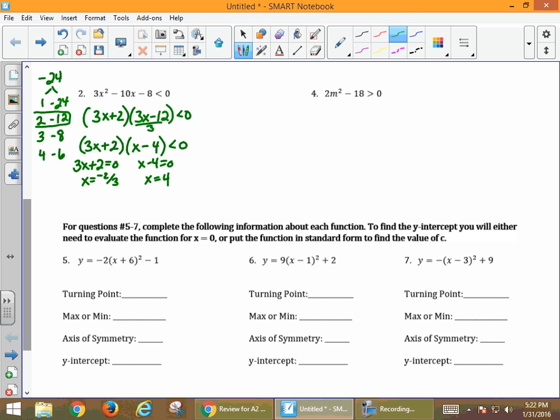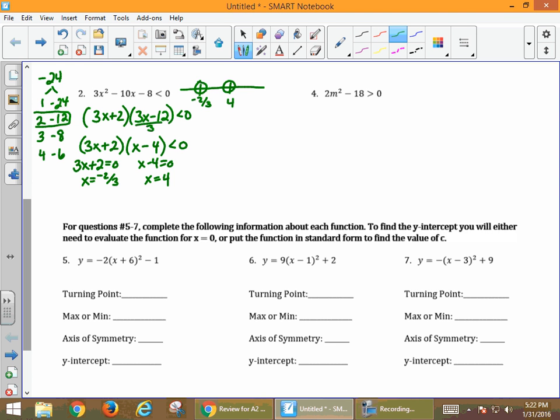So my number line has 2 points, negative 2/3 and positive 4. They will get open dots because there is no equal sign in the problem. And I will again test the point 0. 0 falls between negative 2/3 and positive 4.